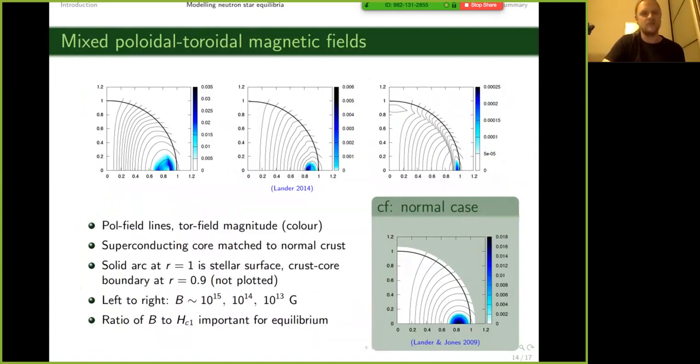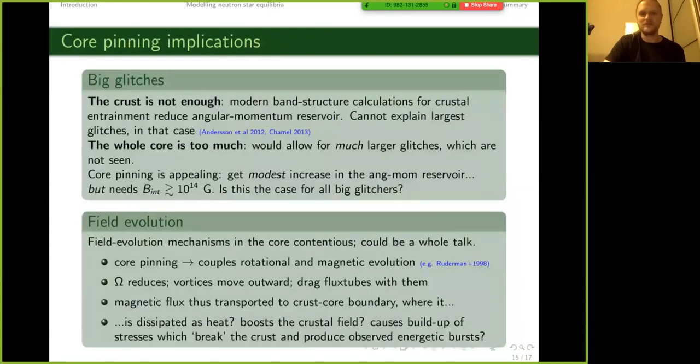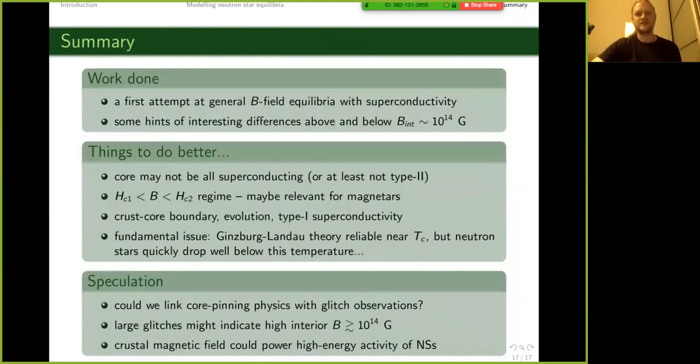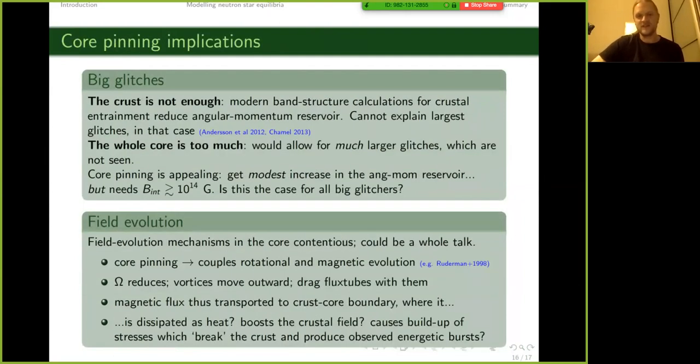If you need that poloidal toroidal mixed linked region, you need the magnetic field geometry to look like this and extend into the core. So that's interesting because it gives this provocative idea: is it the case for all big glitches that the internal magnetic field is indeed that strong? Because the external field is more like 10 to the 11, 10 to the 12 Gauss for those objects.